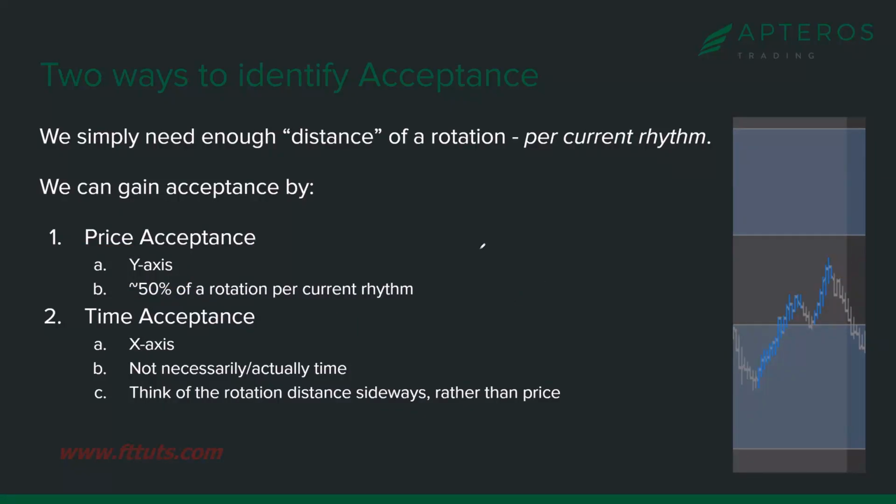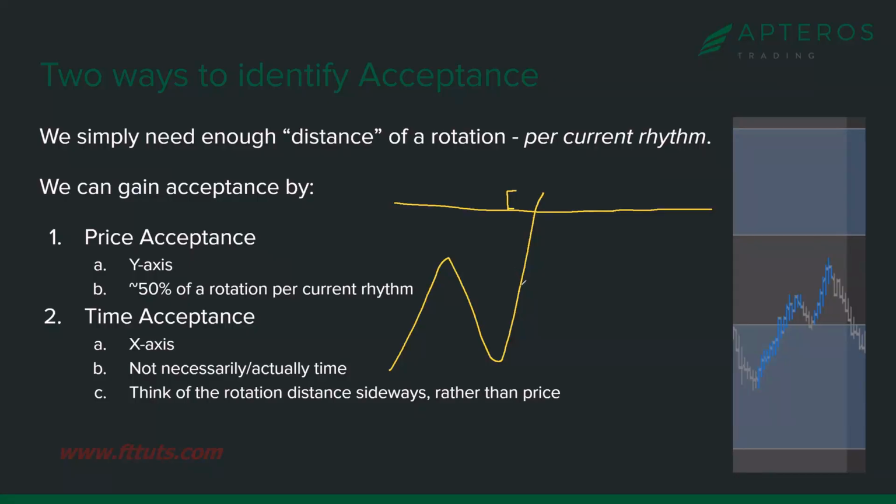And that's really important. We could have a reference here, and the rhythm could be like this. And we could have gone this far above the reference. Have we accepted above this level?